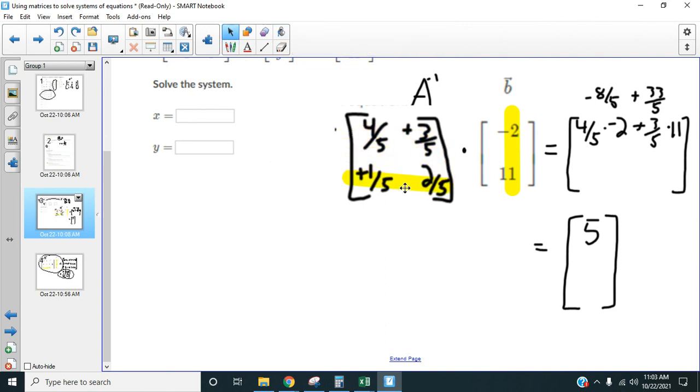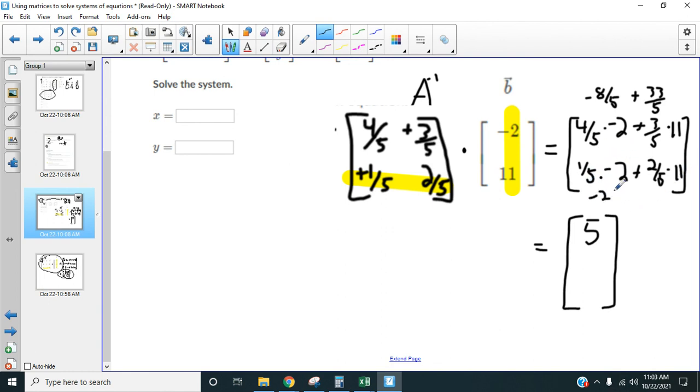Now let's do it again, and then we'll be done with the second row. So 1/5 times -2, 2/5 times 11. So this is -2/5 plus 22/5. 22 minus 2 is 20. 20/5 is 4.